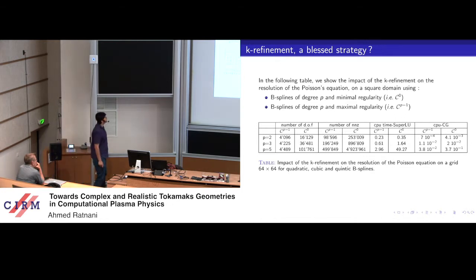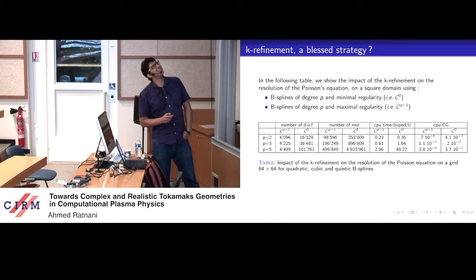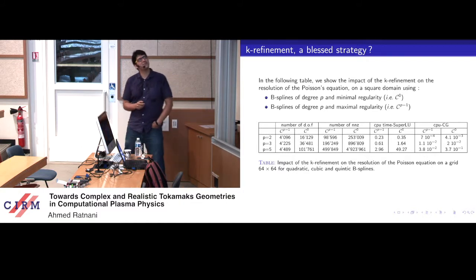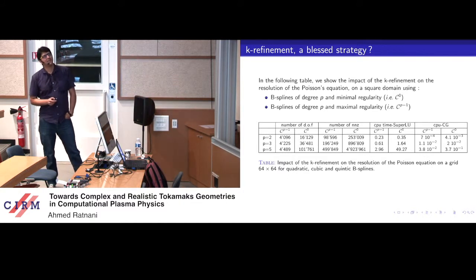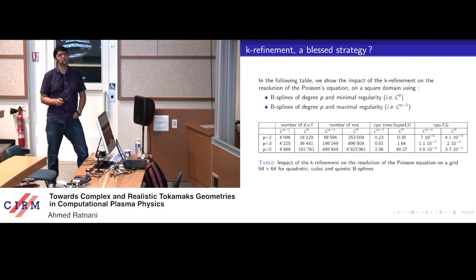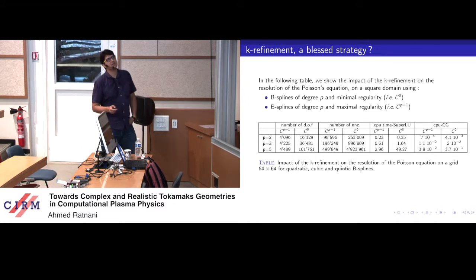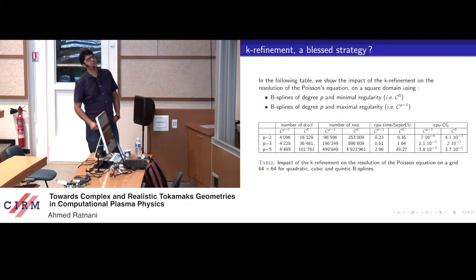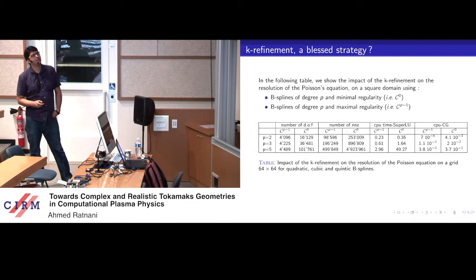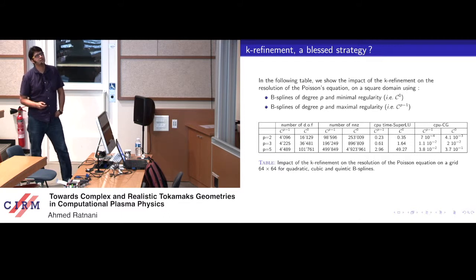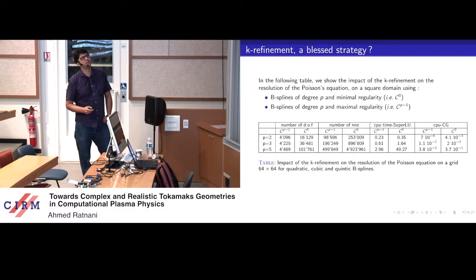So is it really a blessed strategy? Well, if you read what is written here, you'll say, well, k-refinement is the best thing that you can do, but I forgot to do something. In this example, I compare the solution of the Poisson equation using B-splines of degree p with the minimal regularity, which is C0, and the maximal regularity, which is C^(p-1). If you take p equal to 2 or 3, so quadratic and cubic splines here, you have a number of degrees of freedom which is quite stable.